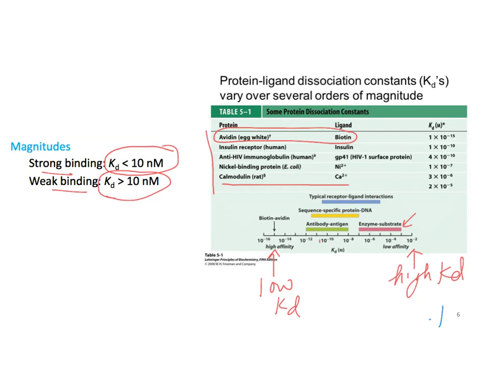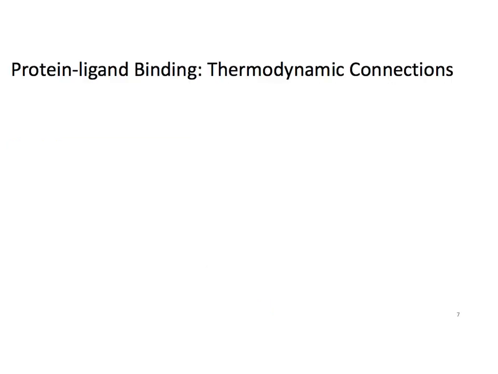What does this mean, though? Is there any way to translate this into thermodynamics? Can we relate this KD in terms that might make it easier for you to understand that a lower KD is stronger binding and a larger KD is weaker binding?